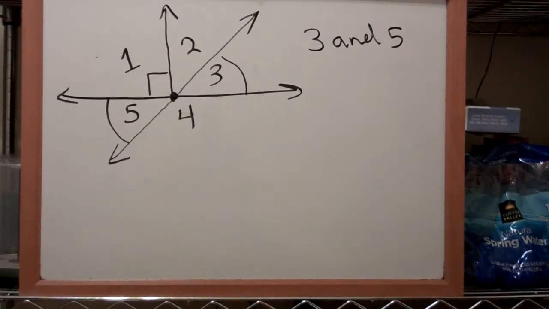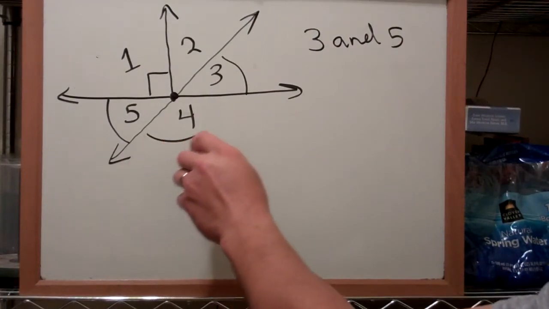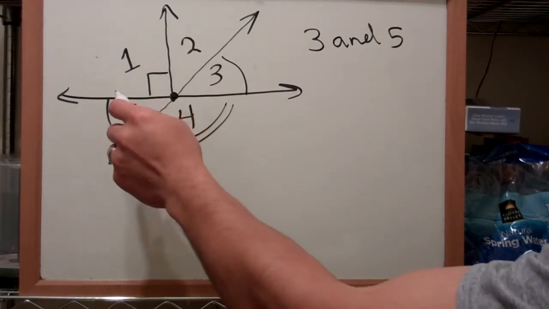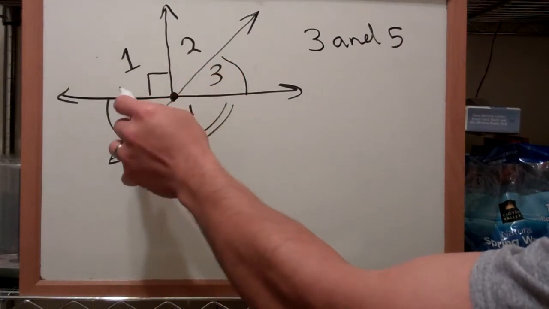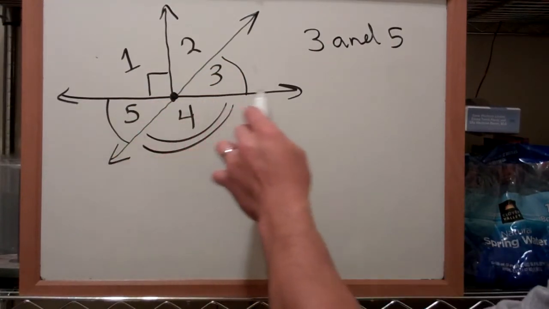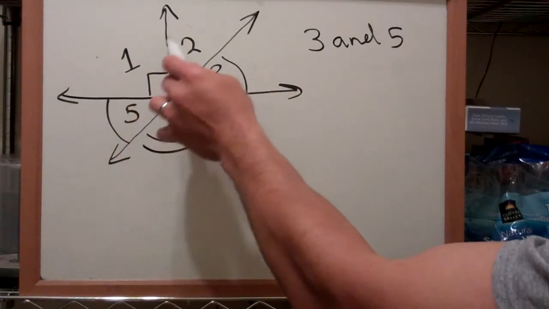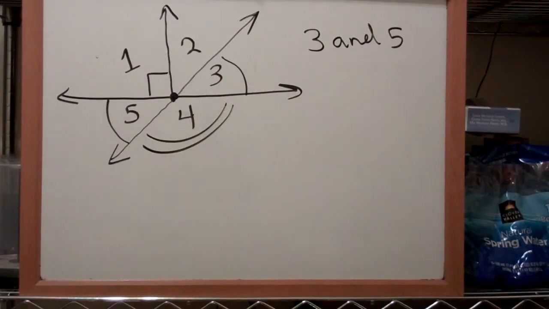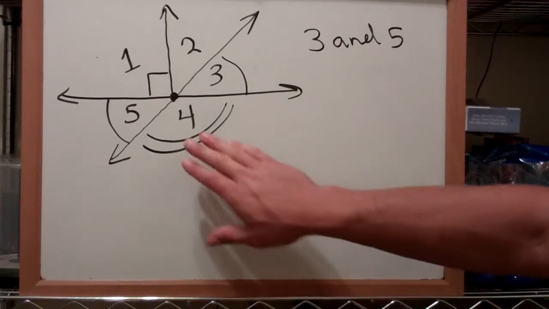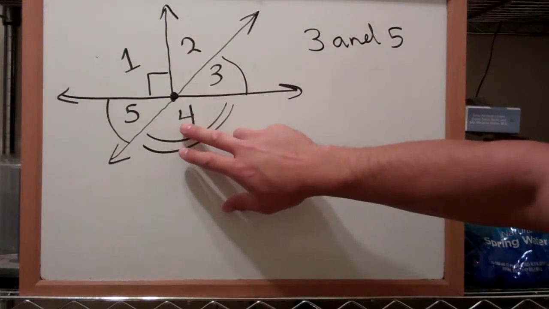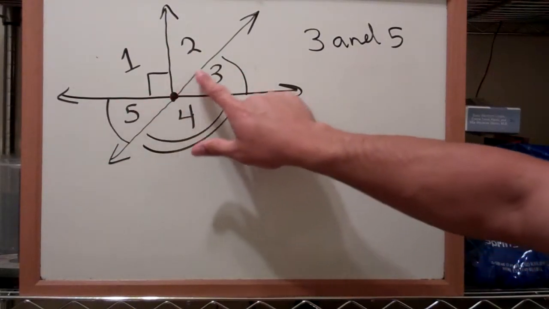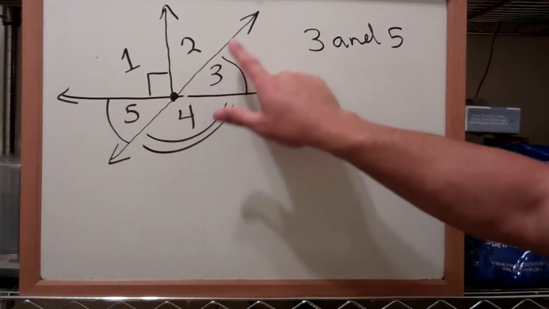And then we would say angle 4 is a vertical angle with 1 and 2 combined. If we look here, here's one line, here's the other line, and 1 and 2 combined would be the second pair of vertical angles. So we have 4 and the angle formed here by 1 and 2.